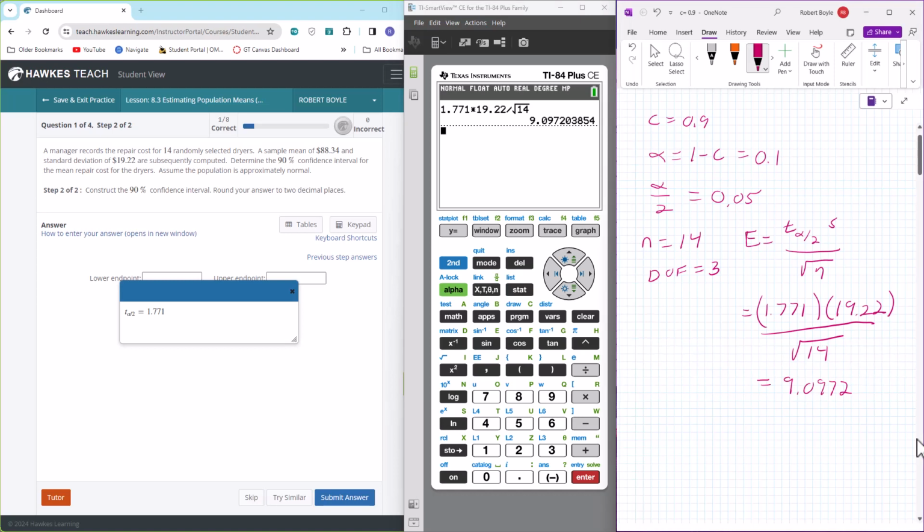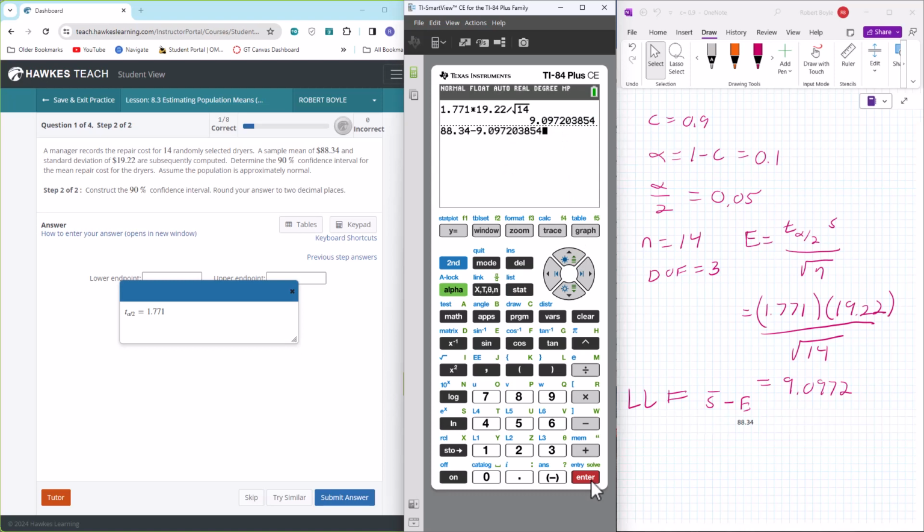If that's the case, then our lower endpoint is going to be our sample mean minus the error, which is $88.34 minus this number right there.